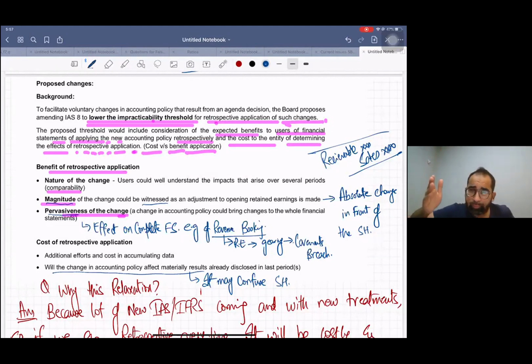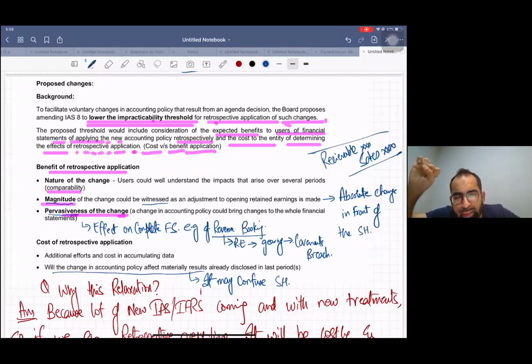So now, if a company has been using IAS 17 for many years, and now that company has shifted to IFRS 16, there is a possibility that they have to go in past and shift operating lease accounting to finance lease accounting. Think over it, operating lease to finance lease.